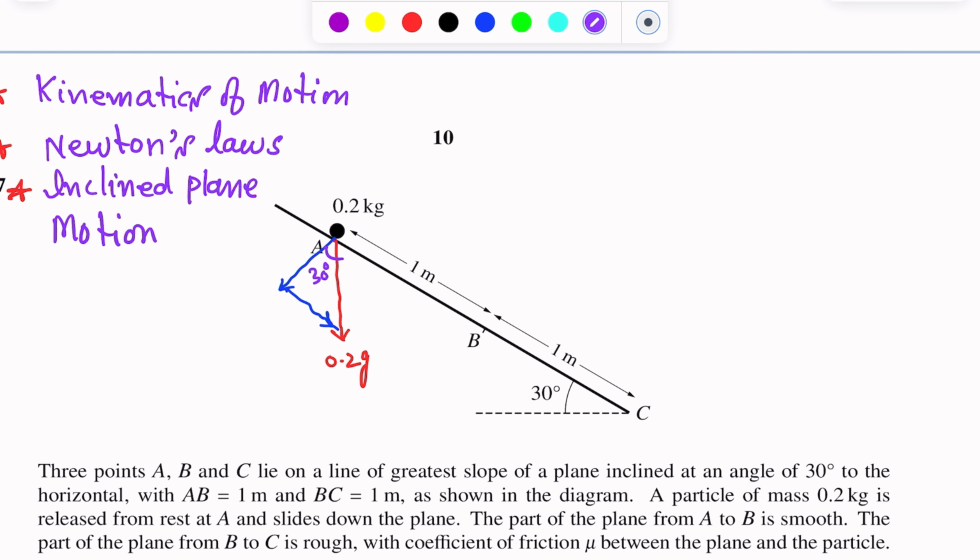Now these are the components. This is the reaction of the plane on this particle.